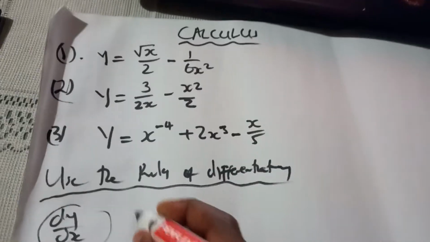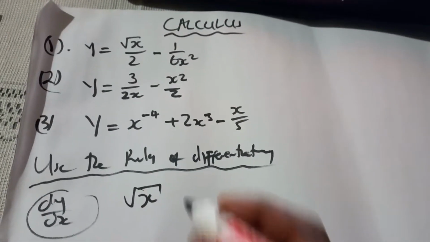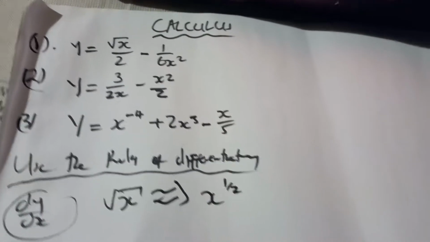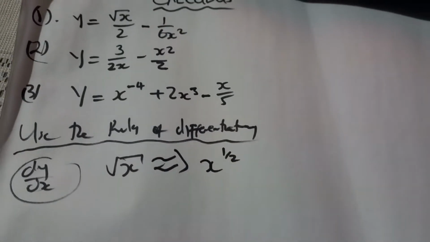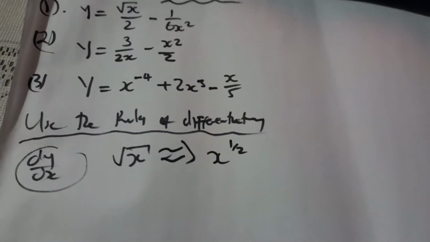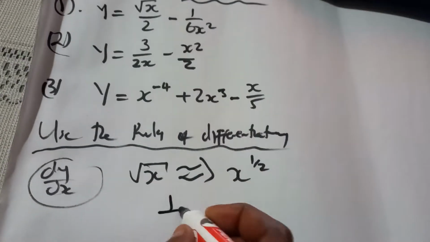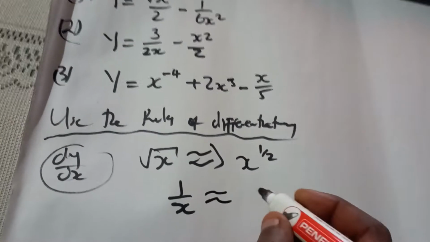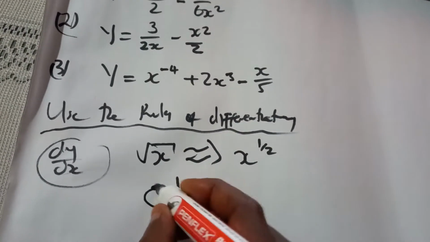You know very well that you can't differentiate when x is like this. So you basically have to change this to powers. With the square root, it's 1 over 2, so that means x to the power 1 over 2. If we have something like this, please take the x to the top.